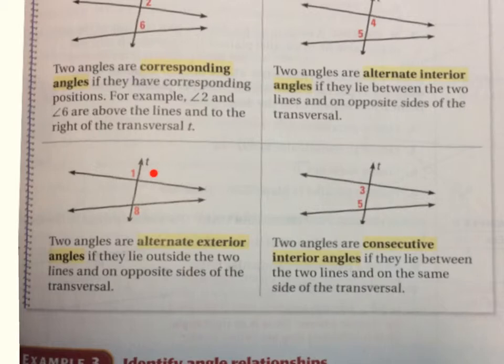We also have angle 2 here and angle 7, again not shown, but you can tell what they are. Again, they're on opposite sides of the transversal, this time on the outside. Finally, we have consecutive interior angles. That's just the two angles that lie in between these two lines. So 3 and 5 here, and 4 and 6 on this side also would have worked.